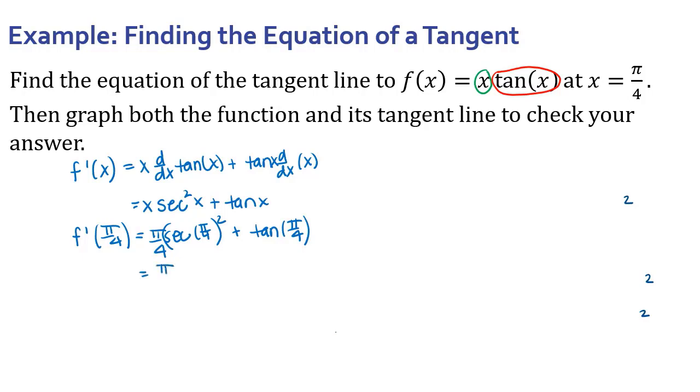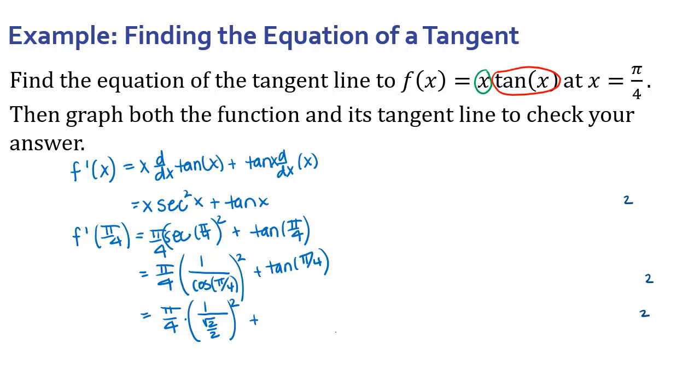So the secant of pi over 4 squared is the same thing as 1 over the cosine of pi over 4 squared, plus the tangent of pi over 4. The cosine of pi over 4 is root 2 over 2.